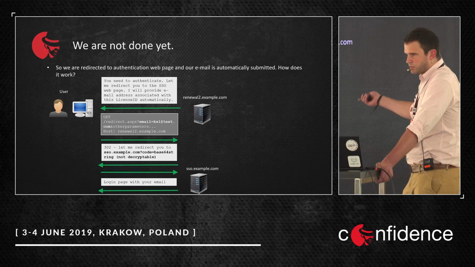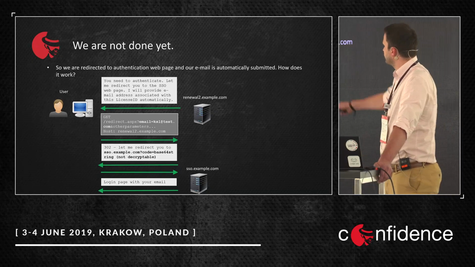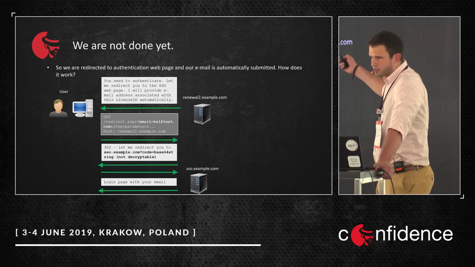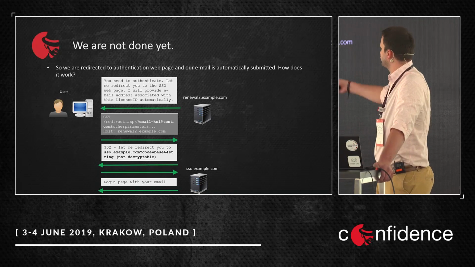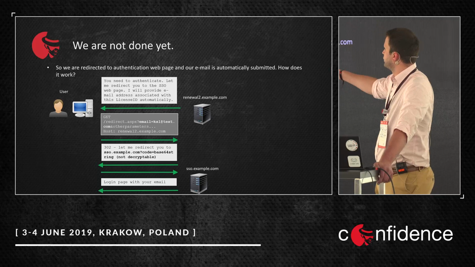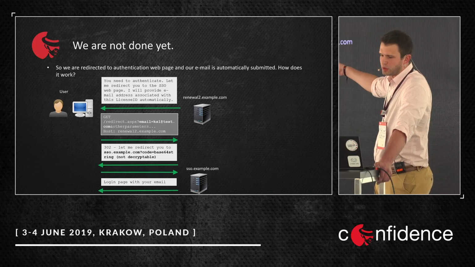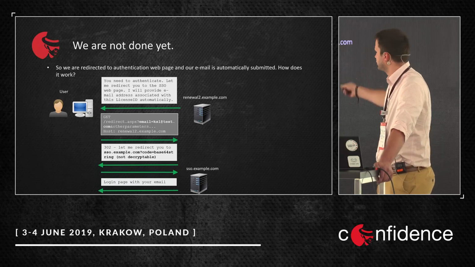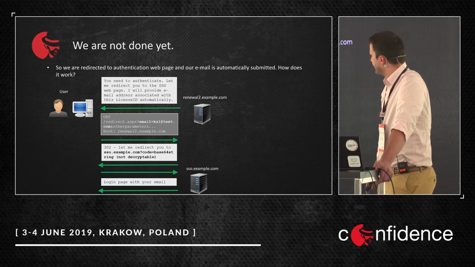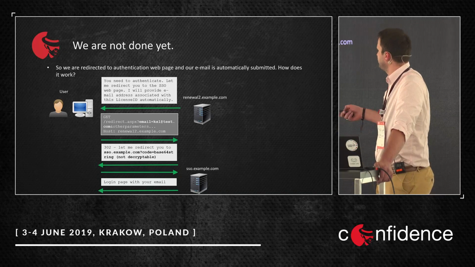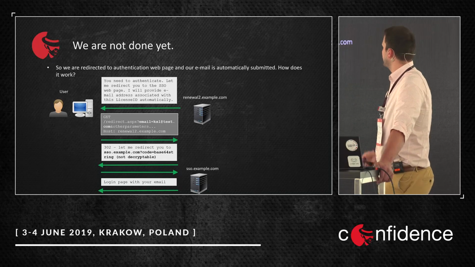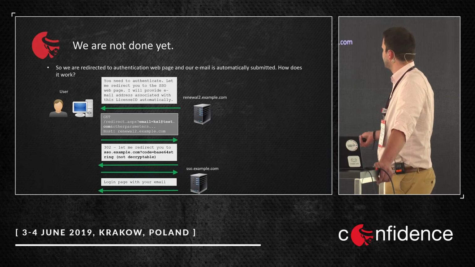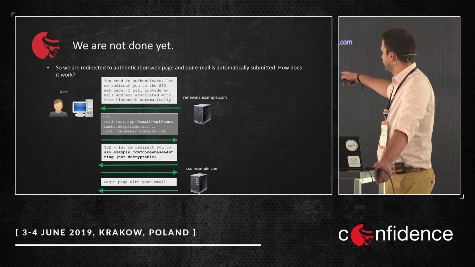OK, continuing on that. This license renewal flow looks more or less like this. You needed to authenticate, and you were sending the information about your email address. Then you were redirected, and so on. Your email address was sent in a GET request in one of the parameters.